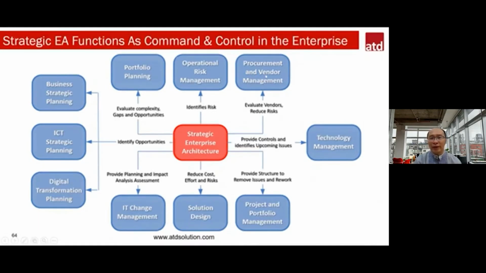We can also manage the vendor in a much more independent way, because we know exactly which particular technology and equipment we are going to procure based on our architecture roadmap. And of course, we can manage technology in terms of the life cycle, end of support, end of life, to make sure that our system, our network, our application are protected from any vulnerability, as well as change management, solution design, and project management.